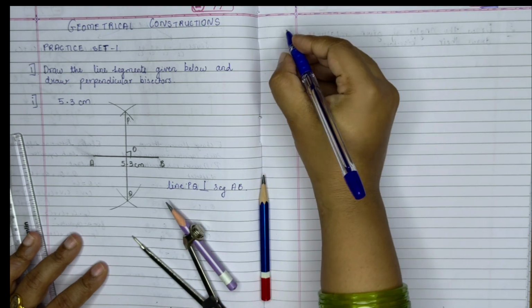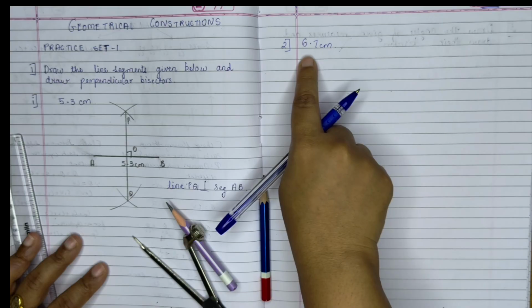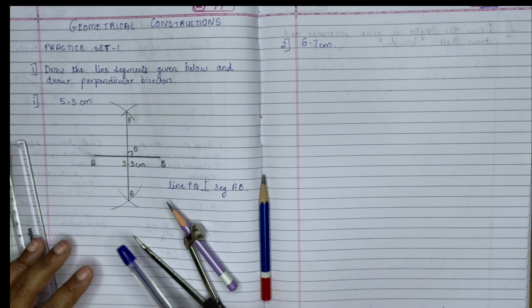Now see the second one. The second one is 6.7 centimeters. Now first we have to draw a line of 6.7 centimeters.